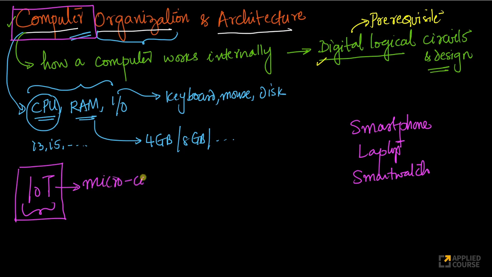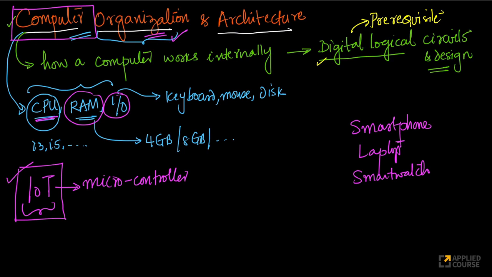A microcontroller basically consists of a microprocessor or a CPU along with RAM, along with some IO devices, all of them packaged into one single chip. I'll give you an overview of a few core IoT devices also. IoT being one of the core areas that is growing very fast, if you want to work in areas like IoT, you need to understand computer organization and architecture very, very well.